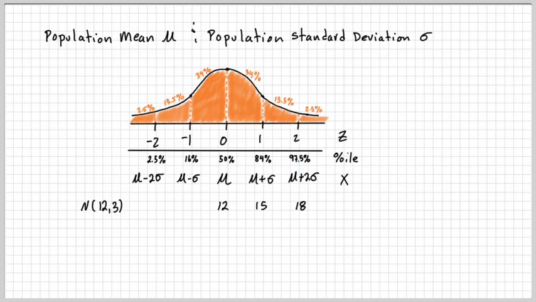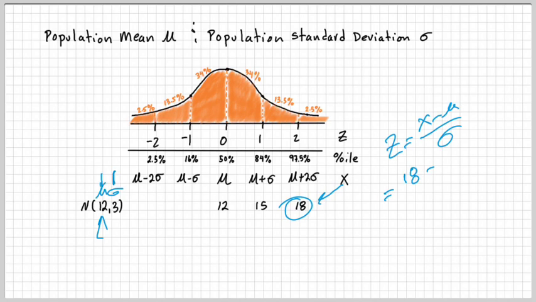How's that? Well, here's a formula. Z is equal to x minus mu over sigma. X is 18, because that's the random variable, minus mu. Mu is here, and this is sigma.